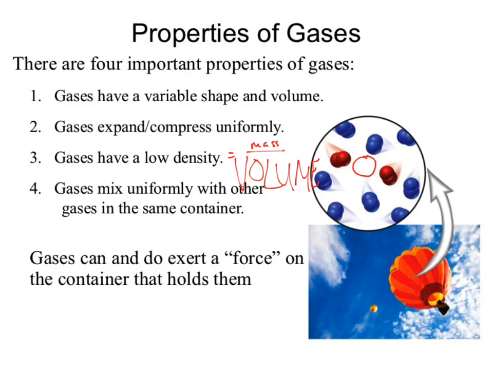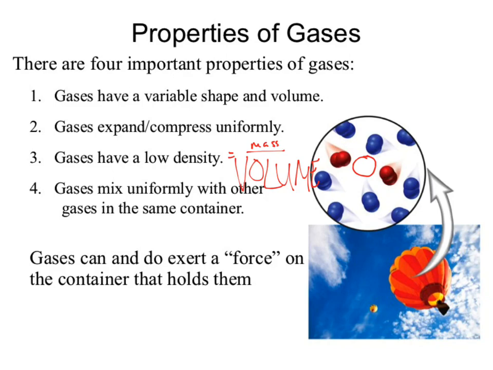What does the answer become? 0.01. Which of those two numbers was bigger? 0.1. The smaller the volume, the larger the density. The larger the volume, the smaller the density. What is the relationship between density and volume? Inversely related. The bigger one gets, the smaller the other one. The bigger the other one gets, the smaller the other. It's an inverse relationship.